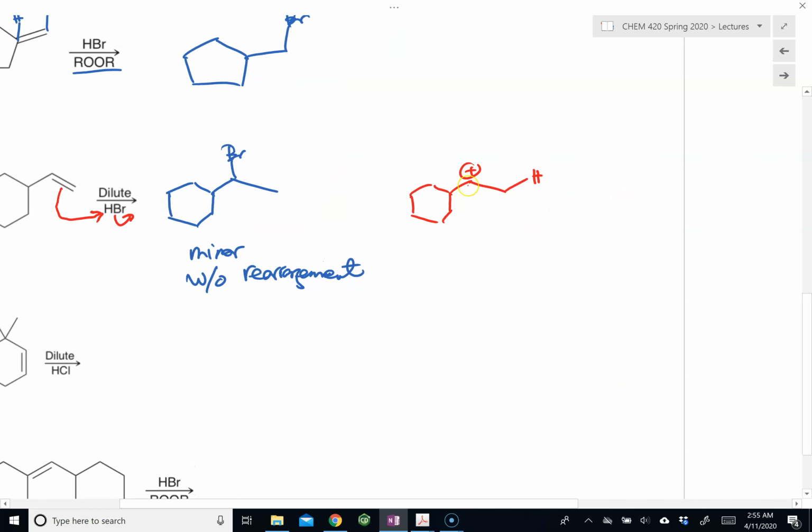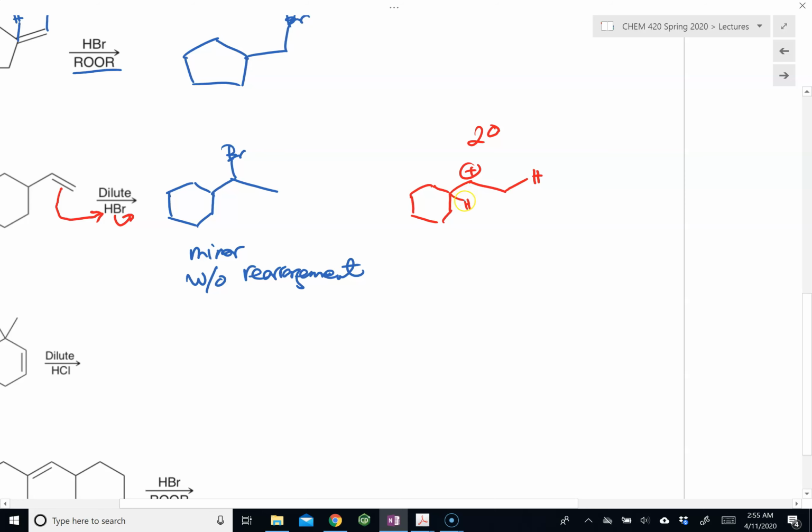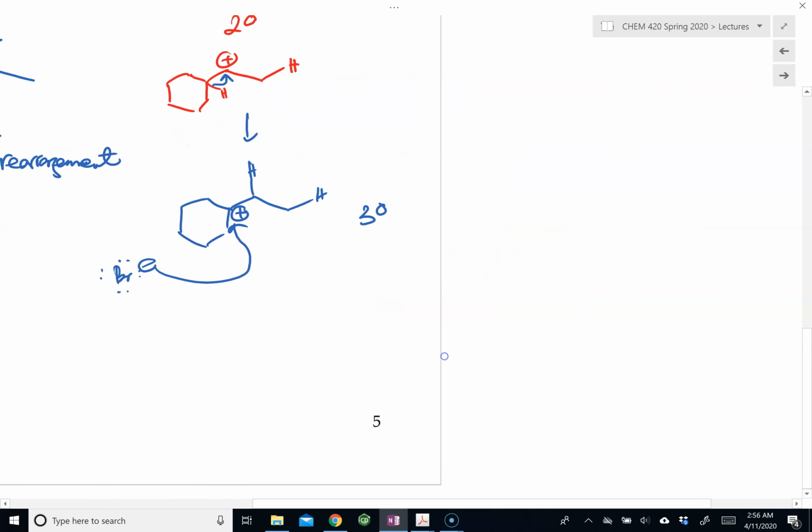And now we are producing a secondary carbocation. And here in this case right here, it is possible to rearrange because nearby there is a hydrogen on the next carbon. And it is possible to rearrange to form a more substituted carbocation. So in this case, it will do that. And now there will be another hydrogen right there, and now we're producing a tertiary carbocation, followed by the nucleophilic attack, where the bromine will now come in to attack this and produce this product.